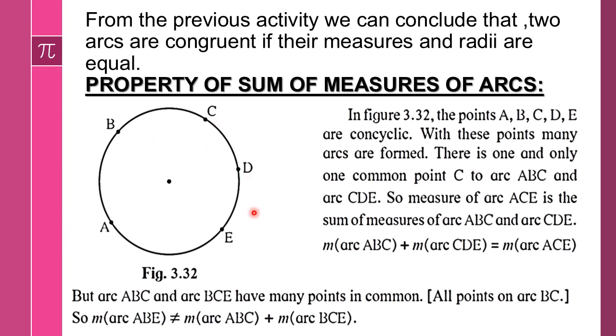So this part is common. That's why we cannot add the measures of ABC plus BCE and say that it is the measure of the arc ACE. Since there is more than one common point, here we cannot directly add or subtract.